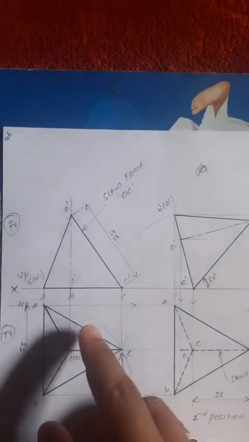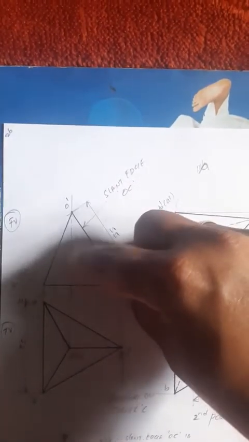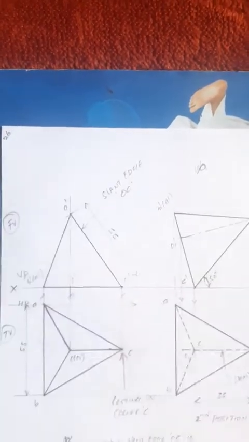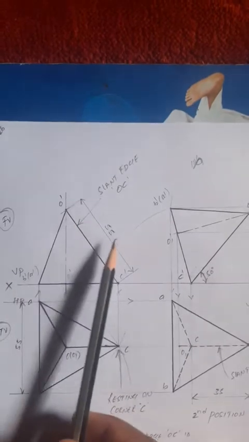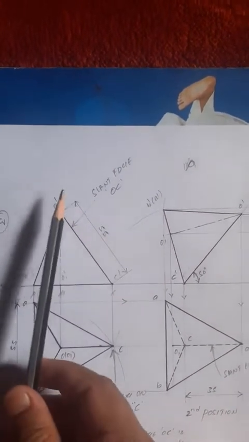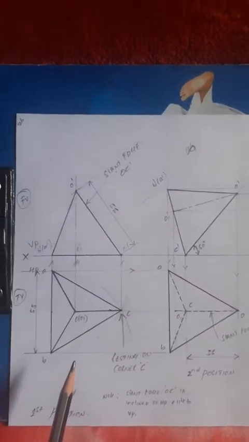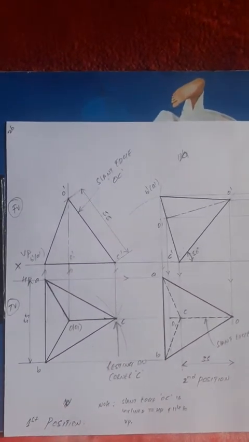So from C dash, measure 55 mm with the compass and draw an arc that touches the axis line, and you get O dash. This is 55 mm. Then draw the lines O dash to C dash and O dash to B dash. That gives the first position front view.